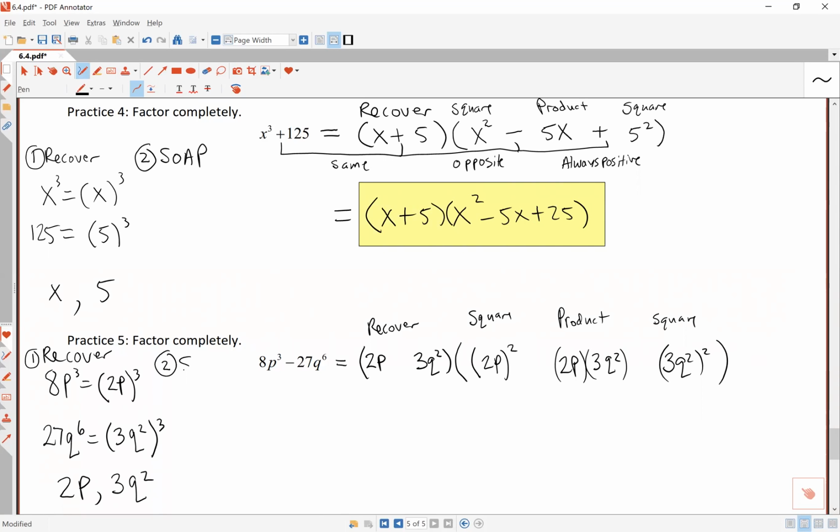Now we use SOAP. Same sign: minus, minus. Opposite sign. And always positive.